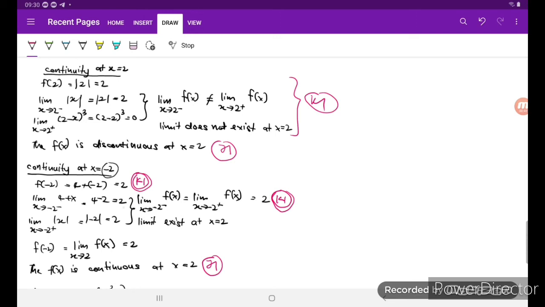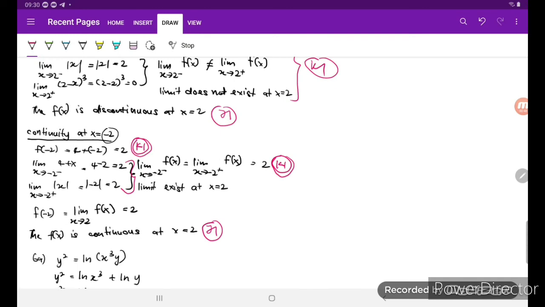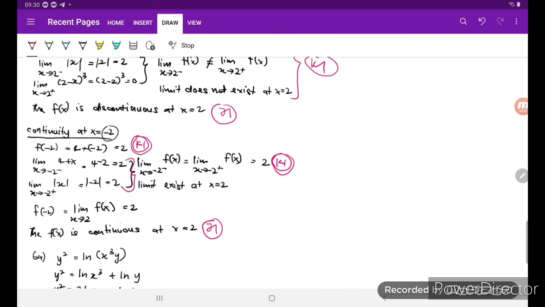Actually you do this also, you can get the K1 mark, and then G1 you state that fx is continuous.